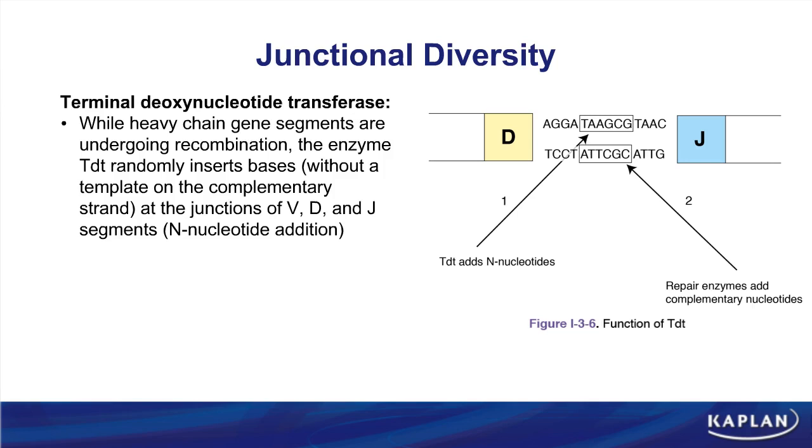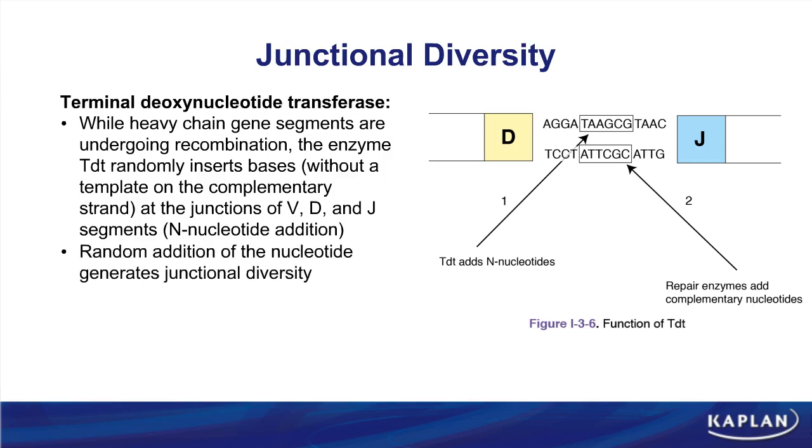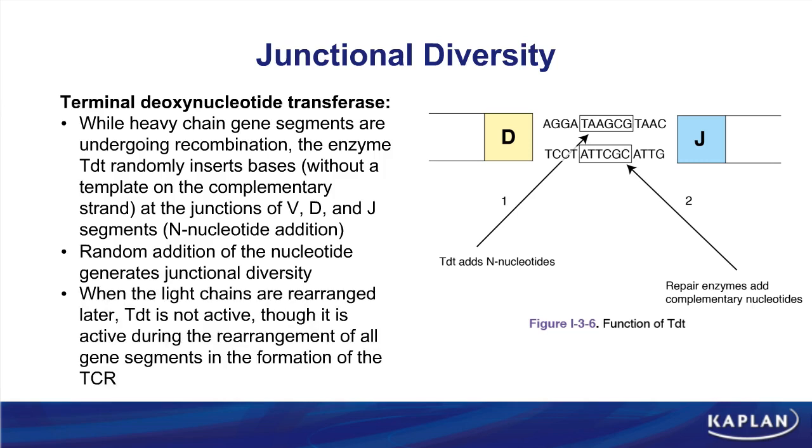This creates a pretty significant amount of diversity in the B cell and the T cell receptors. Just to note, for B cells, TdT is very active during heavy chain gene rearrangement and begins to turn off during light chain rearrangement, versus T cell receptor gene rearrangement, where TdT is active both in the beta chain rearrangement and the alpha chain gene rearrangement.